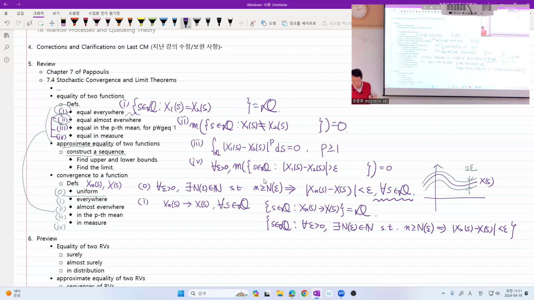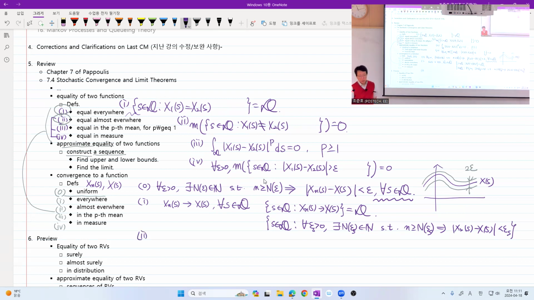If you want, you may put something like epsilon sub s here. So for each s, you may choose a different epsilon, okay? However, in the uniform convergence, you have to choose a single epsilon. That's the difference, right? So you can easily see that if a sequence of functions converges uniformly, then it automatically converges everywhere.